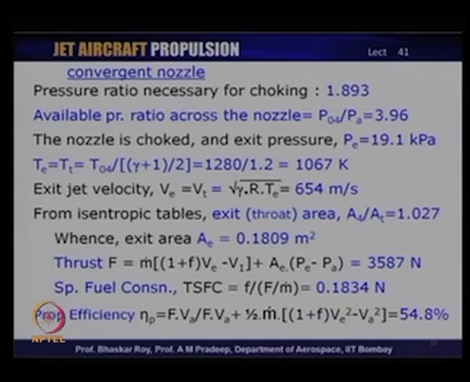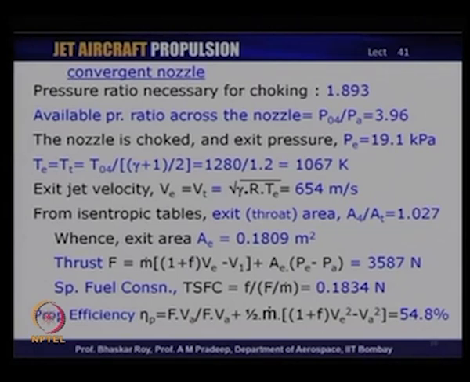The corresponding specific fuel consumption TSFC would be 0.1834, and the propulsive efficiency using the same relation that we have used before would be 54.8%. Now, as you can see here, with reference to the CD nozzle, the thrust created is a little less. Correspondingly, the specific fuel consumption is a little on the higher side, but the propulsive efficiency is also a little on the higher side.